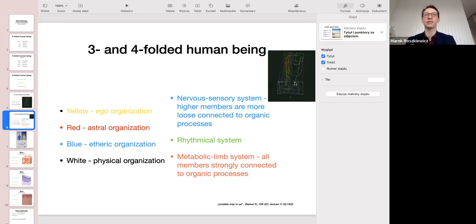We will see that sometimes it's a bit easier to explain a disease using this side of the slide, the three systems, and sometimes it's easier to use the four-folded human being.